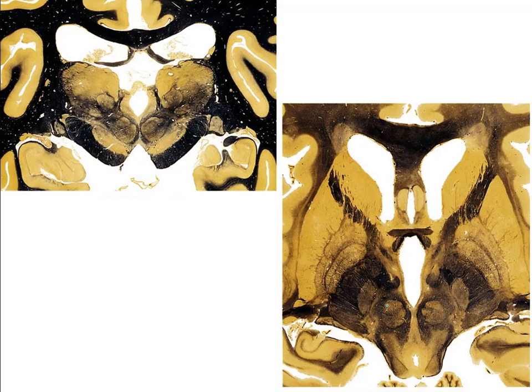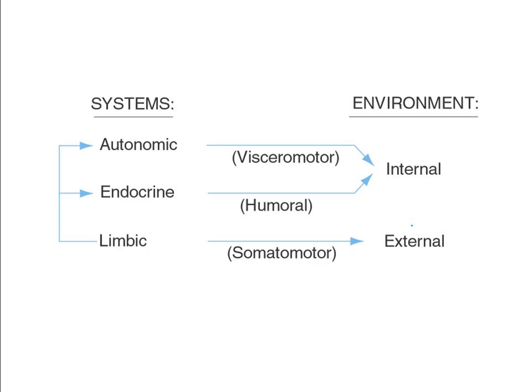And in the coronal plane, it gets harder and harder to see, but it's going to be sitting in here, in this zone in here. Okay? So when we think about what's going to be going on here, this is essentially an integrative site where we're going to put together all sorts of different outputs. We're going to have a limbic part of hypothalamus. What do we know that puts in there that's limbic?